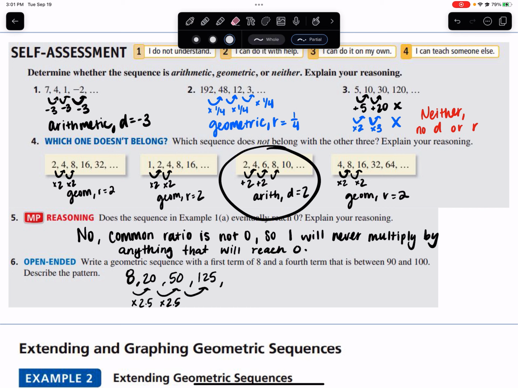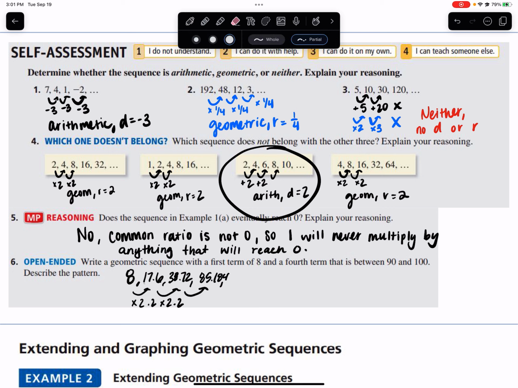Okay, so instead, let's do 2.2. So 8 times 2.2, 17.6. Times 2.2, 38.72. Times 2.2, 85.184. Okay, so that doesn't work either.